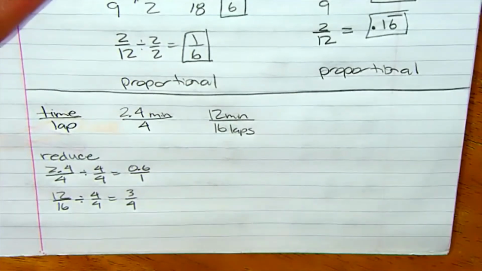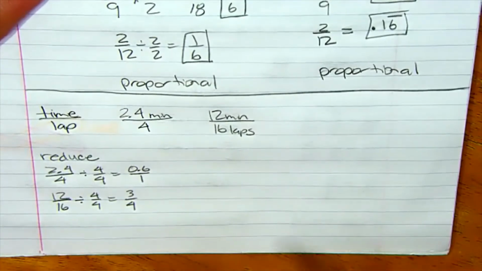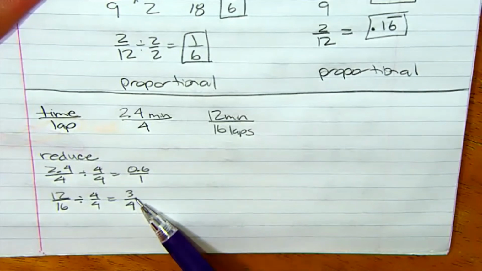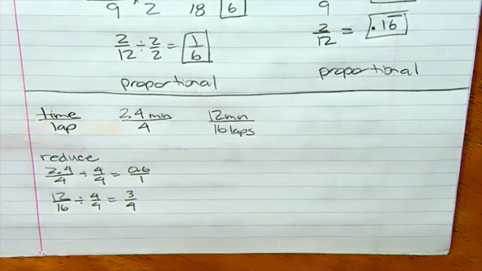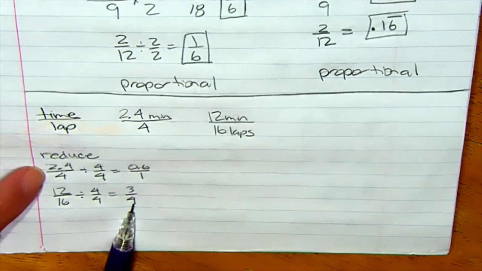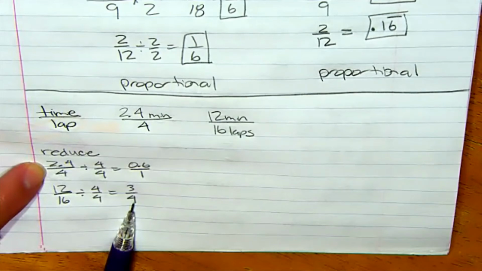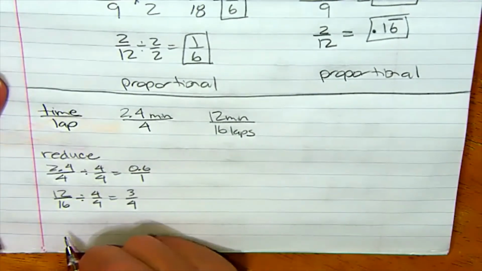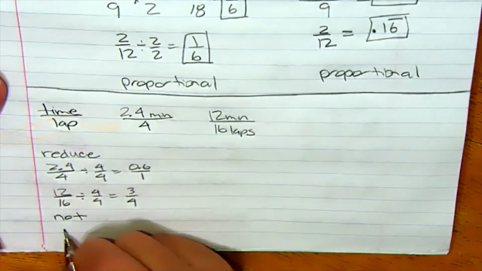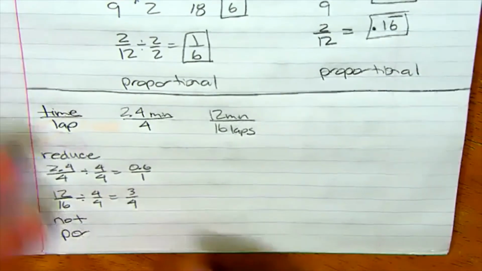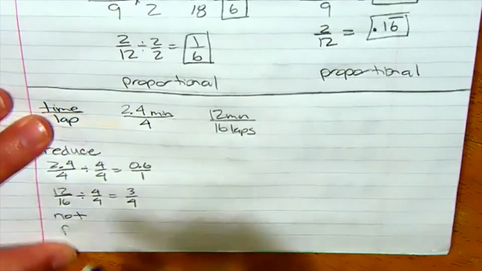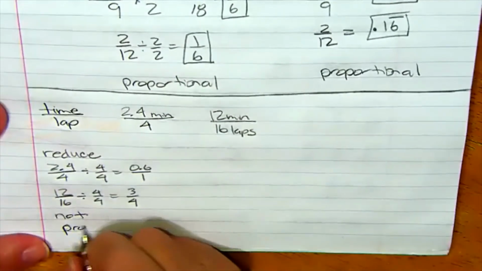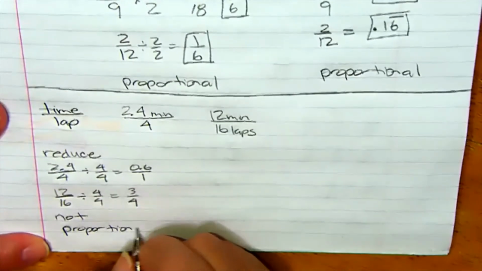So if I'm looking reduced, this is not equal to this. But if I want a common denominator, typically we need common denominators to compare fractions. This is most definitely not equal to this. So it doesn't look like these are proportional. So it looks to be not proportional.